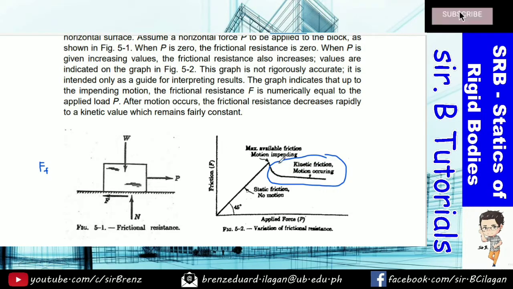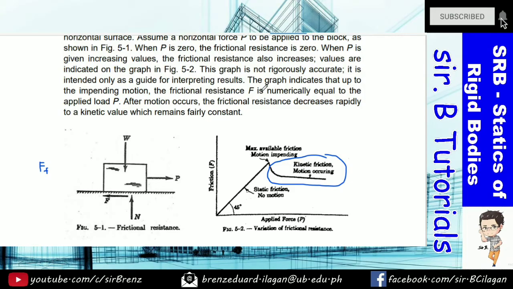Okay? So, yan po yung sinasabi dito sa table natin. Once na gumalaw ka, magkakaroon ka ng drastic decrease doon sa iyong applied force P. So, if mag-experiment kayo, try nyo, para maunawaan nyo yung sinasabi ko.